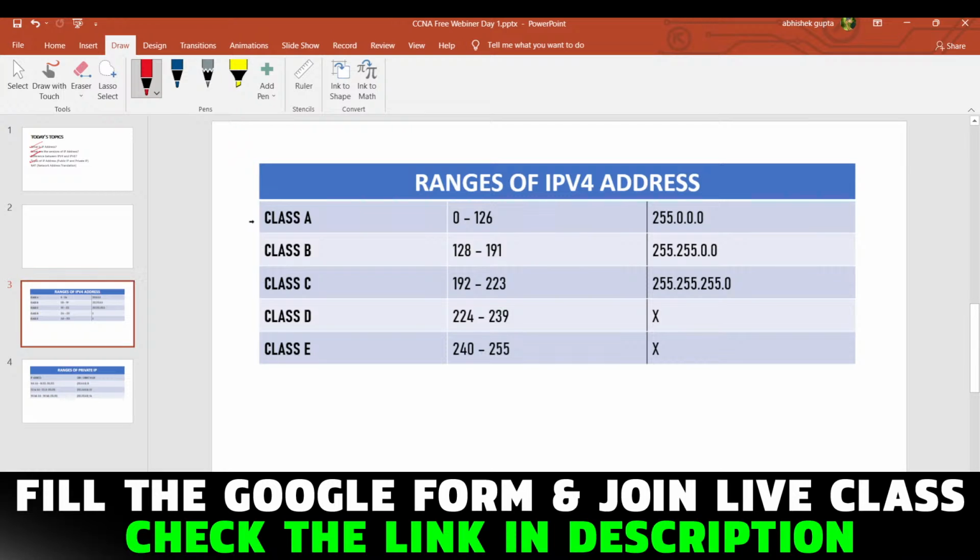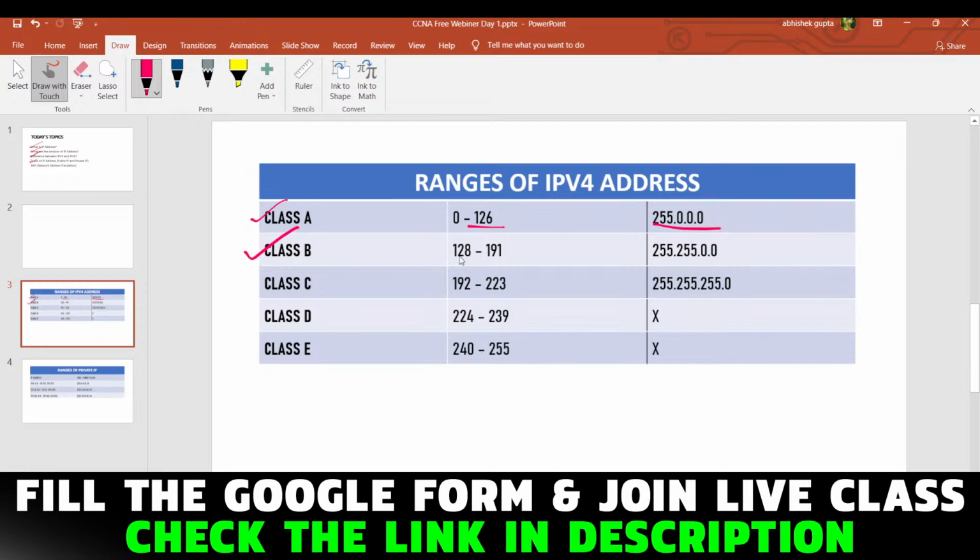Class A IP address starts from 0 to 126 and its default subnet mask is 255.0.0.0.